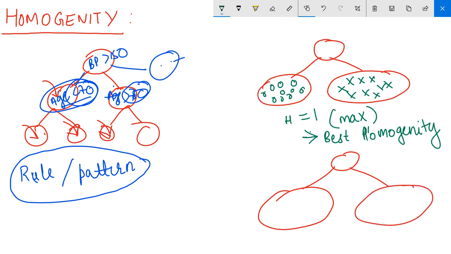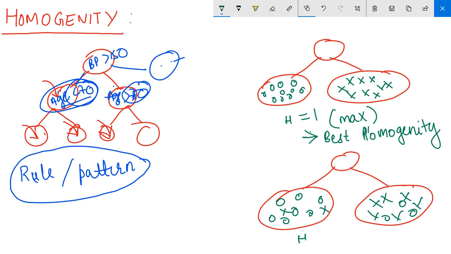All right, so in the real world, if I want to take the same example, this can be the case. I hope you are clear now what I'm trying to say. In the real world there can be some disturbances, or noises, in the data sets which make homogeneity not equal to 1.